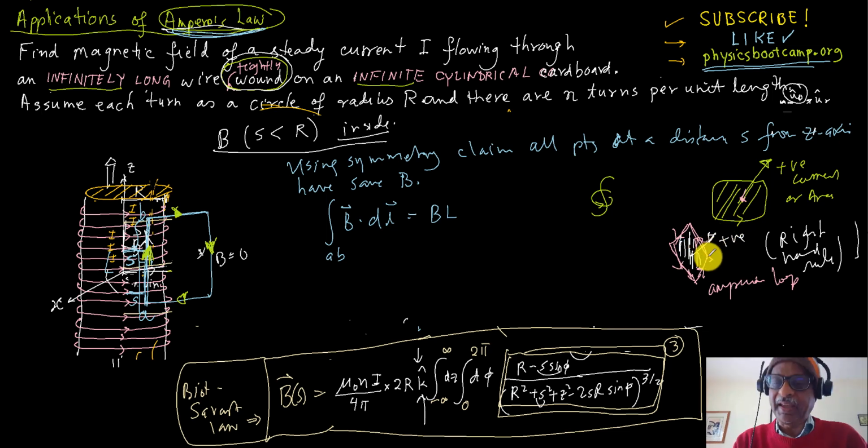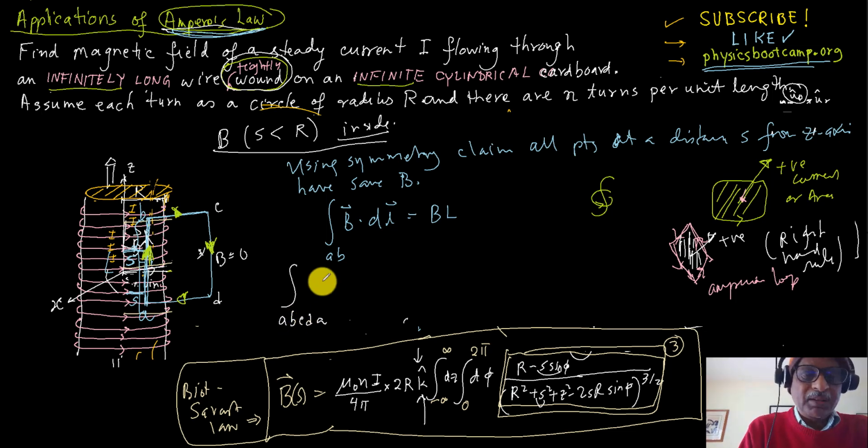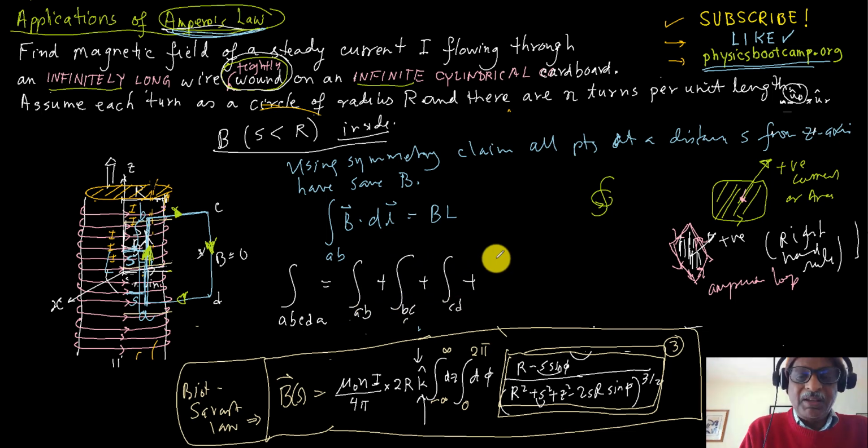So if the current is flowing in that direction, I'm going to add. If the current is going in the other direction, I'm going to subtract. So in this one, let's go through A, B, and then C and D. So the loop is A, B, C, D, and back to A, which is equal to AB plus BC plus CD plus DA.